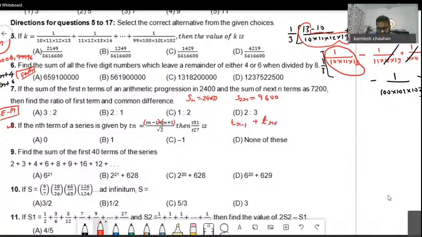If that is not clear, तो मैं उसको थोड़ा clear कर लेता हूँ. So हम लोग T31 find कर सकते हैं. T31 will be T30 plus T29 by square root of 2.